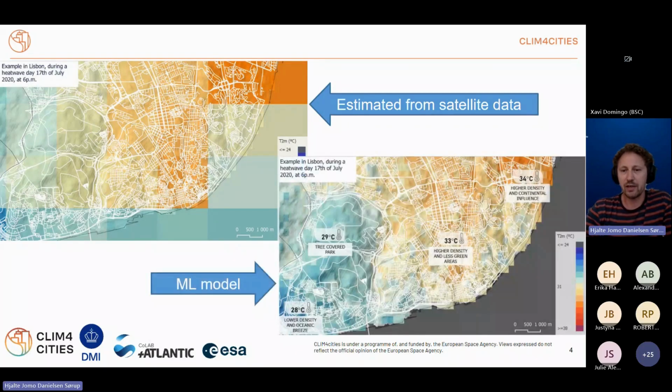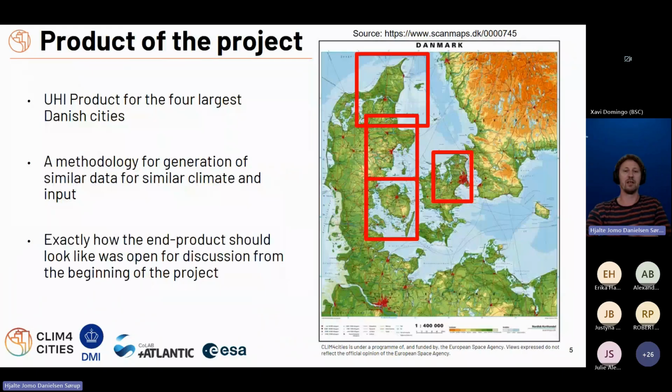With machine learning, you can resolve that much better based on features of the urban landscape that have a certain effect on this urban heat island. Dense urban areas will have a warming effect, green areas will have a cooling effect, and you can use this information along with machine learning models, satellite products and local observations to have a much better and finer product that can be used in planning and contingency management. So that's the overall purpose of CLIM4cities.